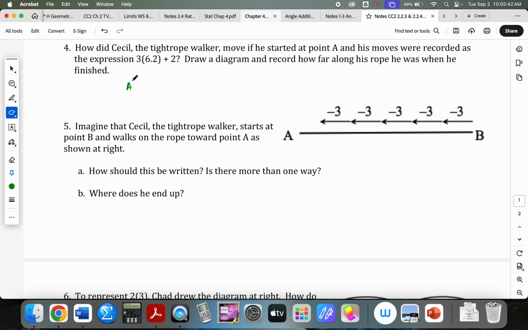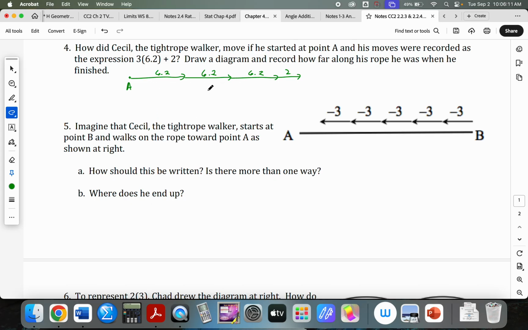Here he is at point A to start with, and he moves 6.2, and then another 6.2, and then another 6.2, and then he moves 2.